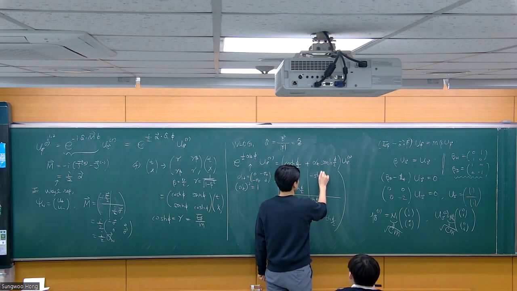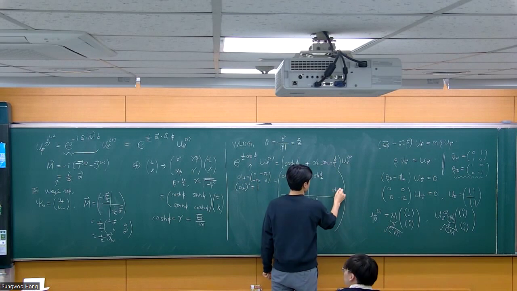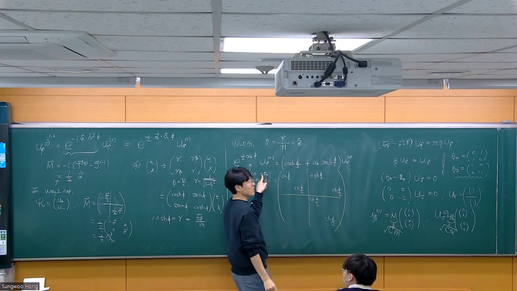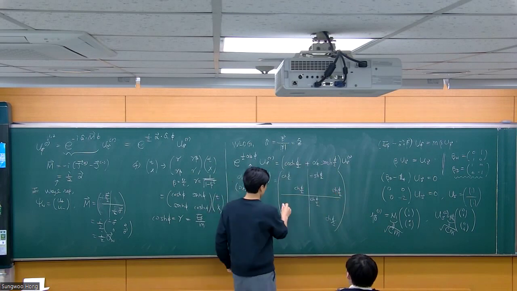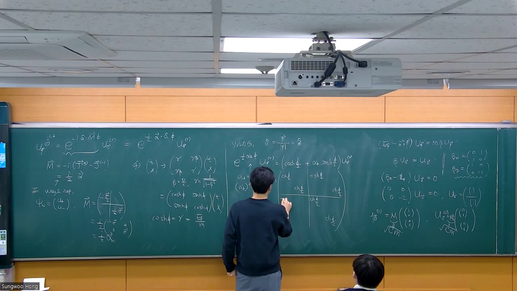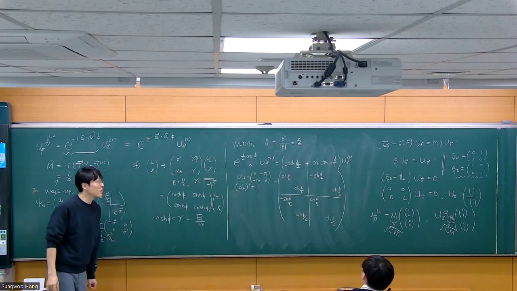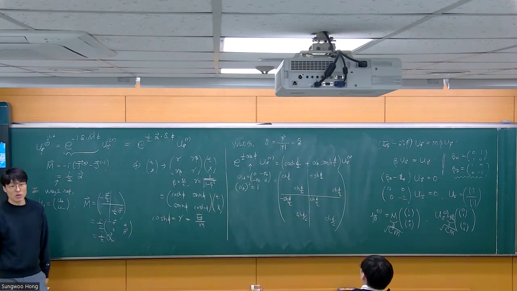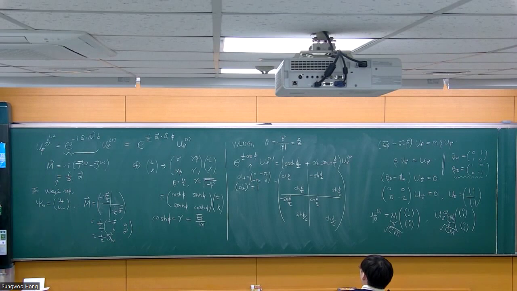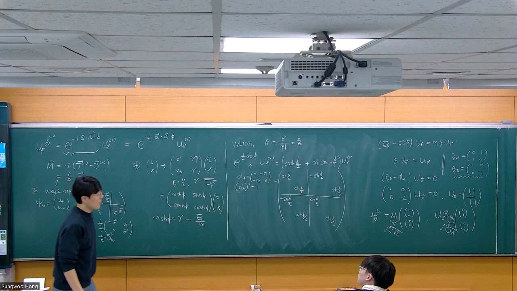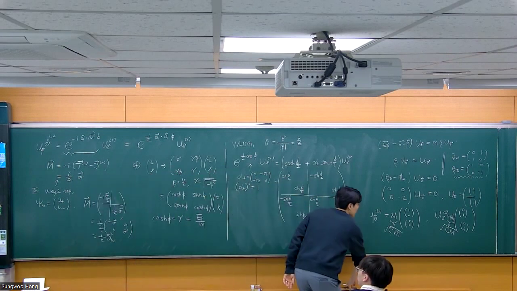Minus sine hyperbolic phi over 2, sine hyperbolic phi over 2, because there's a minus sigma 3, and then sine hyperbolic phi over 2, sine hyperbolic. So that is this 4x4 boost matrix acting on 4 components, in the Dirac representation. You can do it differently. Good. Now we are ready to write down the solution.